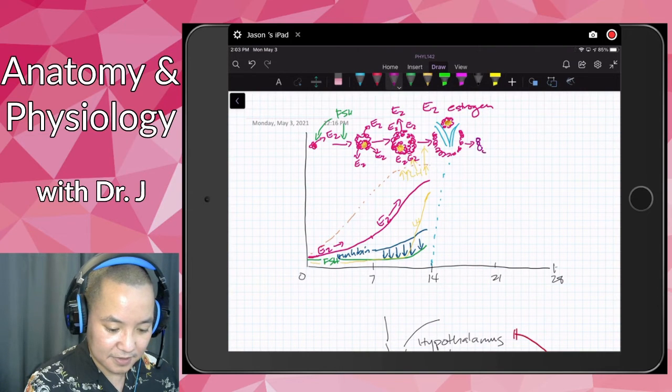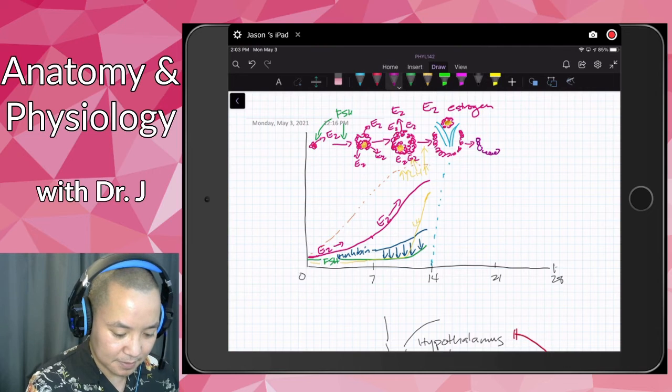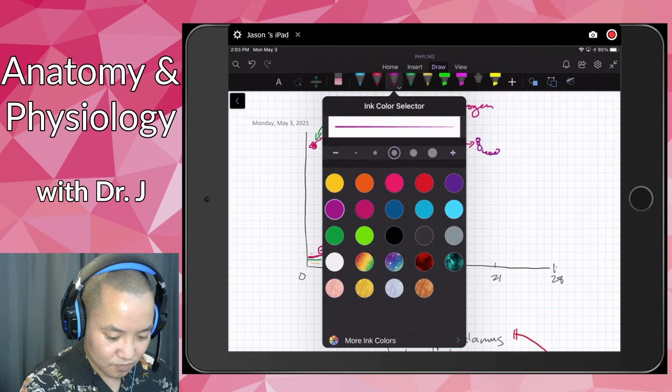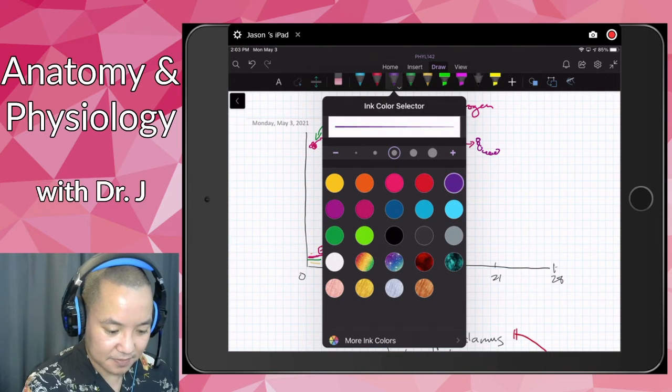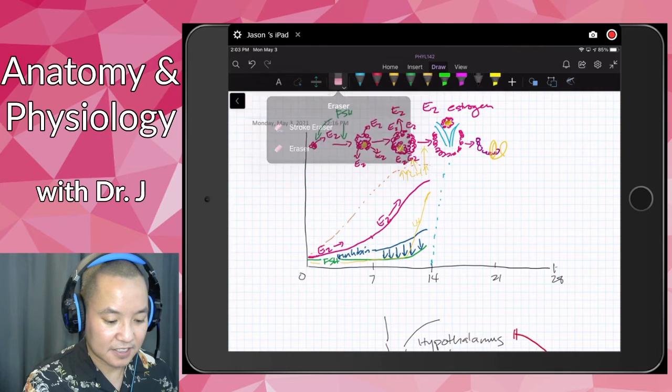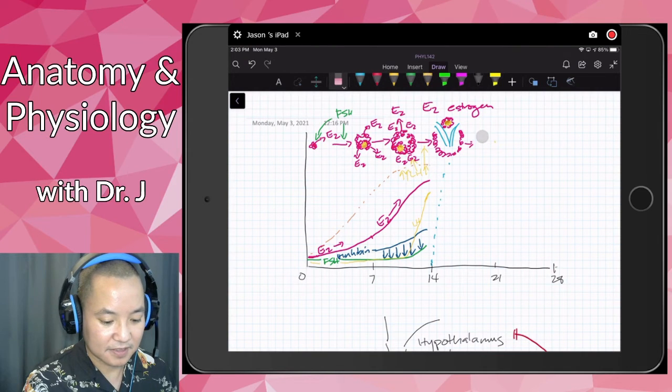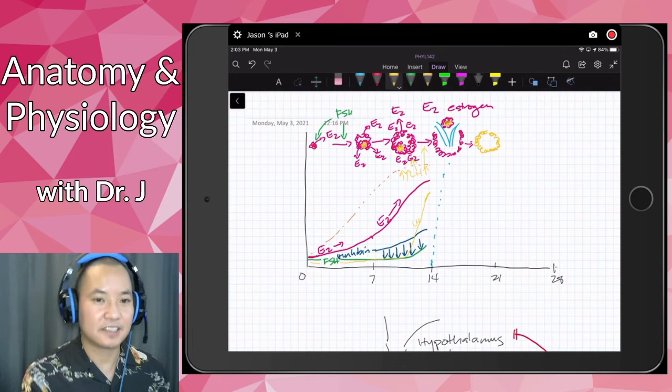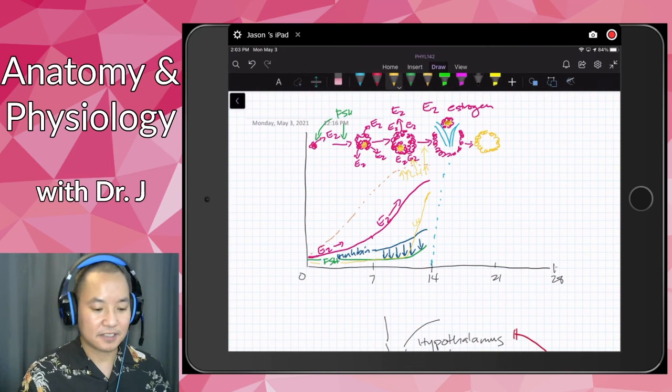Can I get a better color than that? Well, actually, the corpus luteum is called luteum because the root word luteus means yellow, so let's just call it yellow. So the corpus luteum is spent and no longer has its oocyte because it's been ovulated into the uterine tubes.